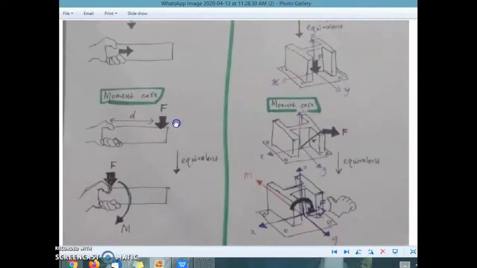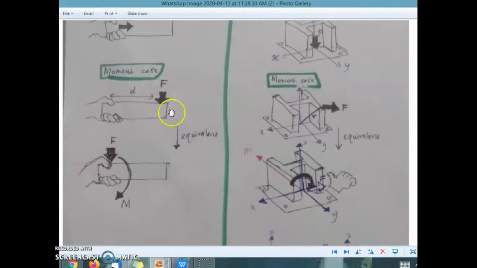Same goes for the moment cases. If there is a force perpendicular to the line of action, if you still remember, to produce a moment, the line of action must be perpendicular to the force. So it will produce a tendency to rotate. So the effect of rotation and the force you will also feel in your hand holding here, or at the source of the rigid body where it started.